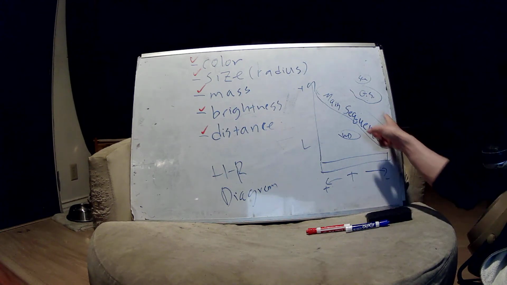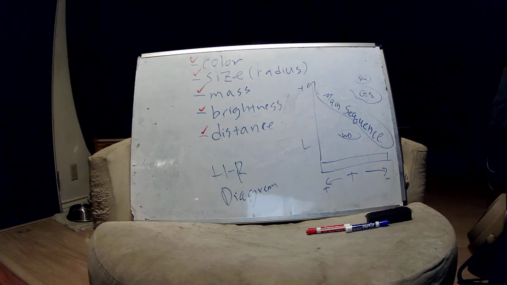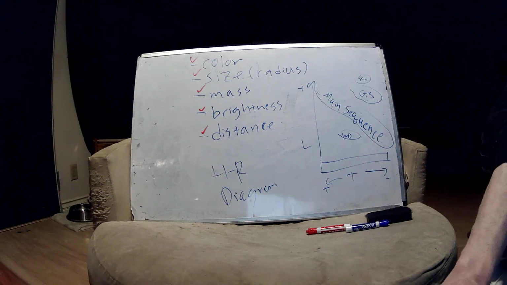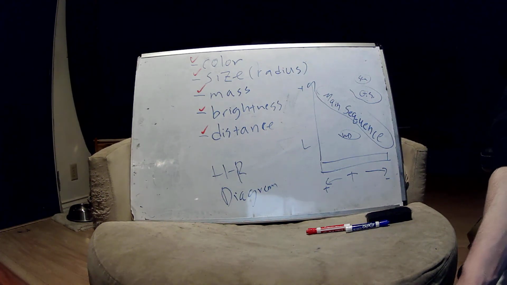They have to spend 90% of their lifespan on the main sequence for 90% of the stars that we can see to appear there. So, 90% of stars that we can see live on the main sequence.